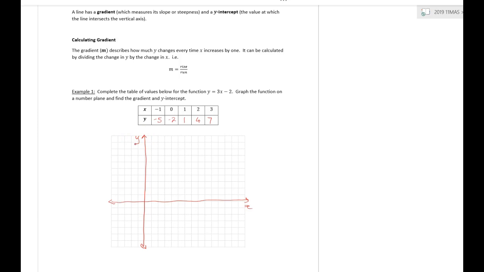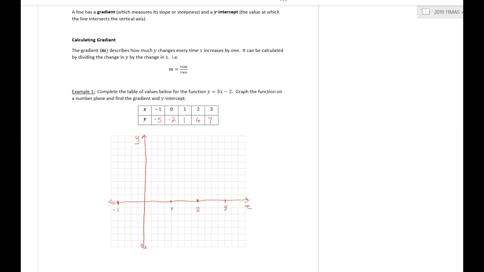Remember, x goes across. And I'm going to use 4 little squares for each x value. That's -1 there. 1, 2, 3, 4. 1, 2, 3. Okay, so they're nicely evenly spaced. We've used up the space that we've got available to us nicely.